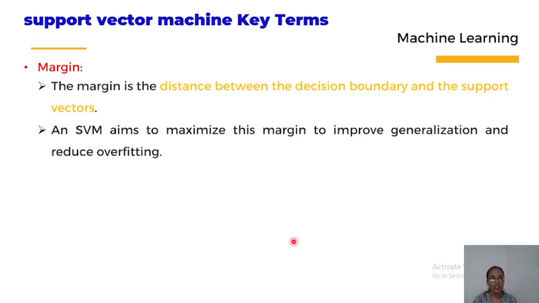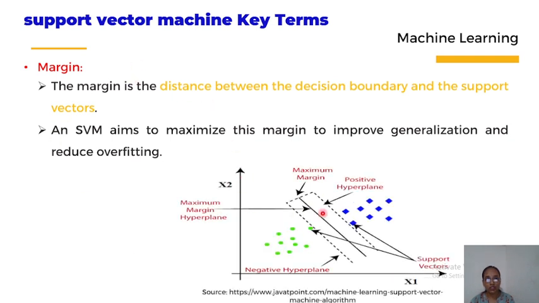The next one is the margin. The margin is the distance between the decision boundary and the support vector. Here you can see this blue point and the green point. These two are the support vectors, and margin is nothing but the distance between these two points. Here we have written the maximum margin.